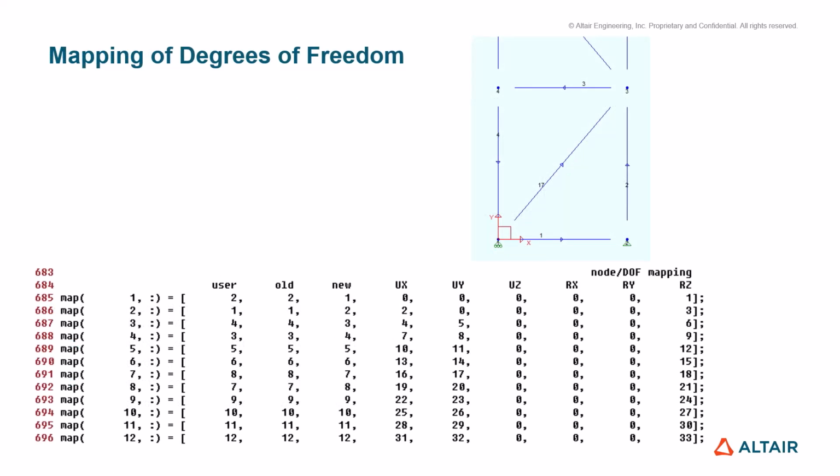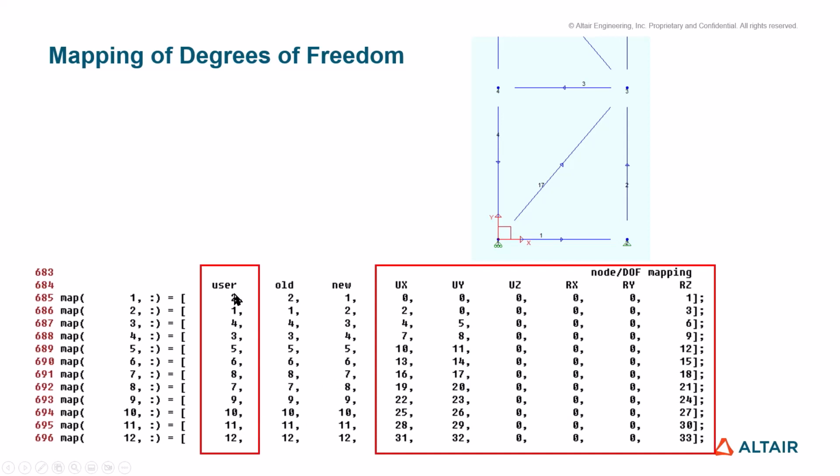There are quite a few columns here, and in fact, there are some that are redundant. So at some point, we will probably clean this table up a little bit. But let's just focus on these columns that are marked by the red boxes for a few minutes.